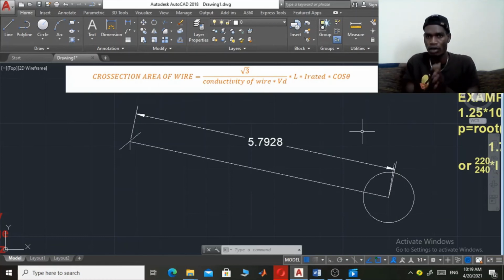Next, you have to know the conductivity of that particular material. The conductor is copper, aluminum, or silver. So you have to know for which kind of material this particular conductor is made.